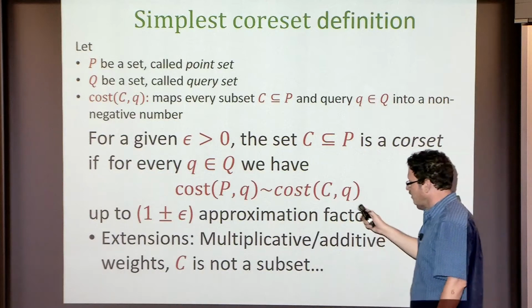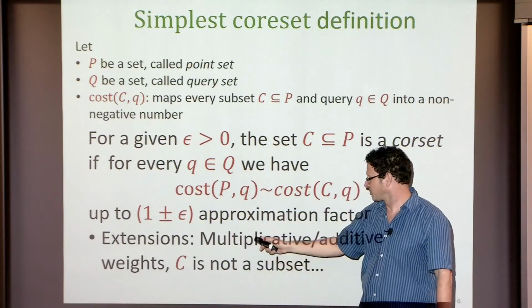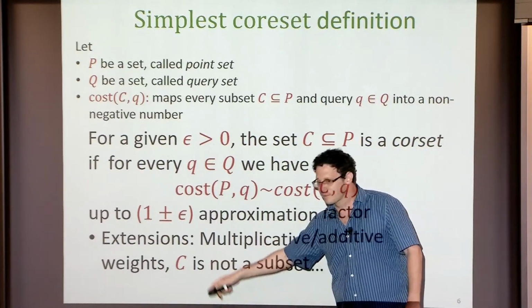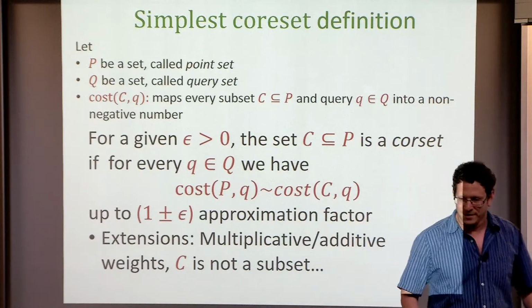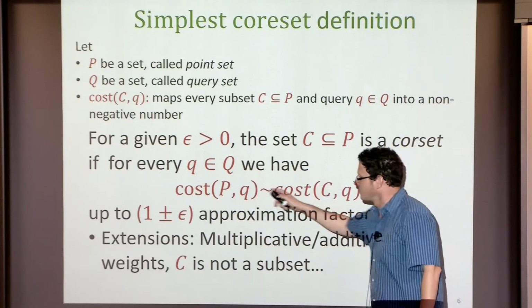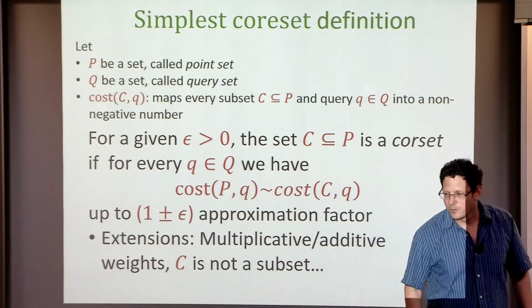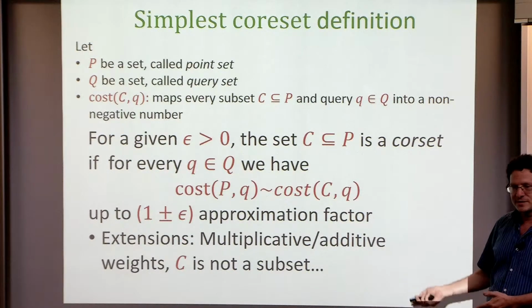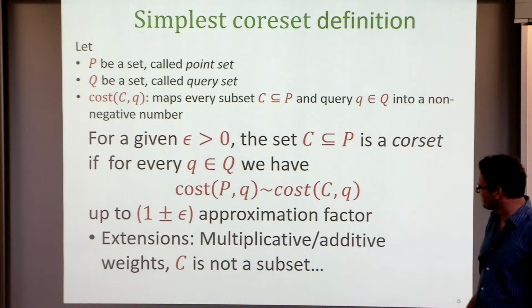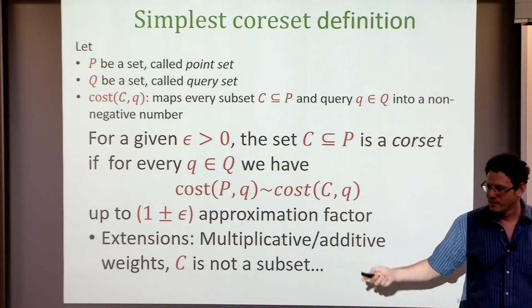In general, when you talk about sums, of course, we usually talk about multiplicative weights. Sometimes we need additive weights. Sometimes it's actually a totally different structure, some expander or some strange other data structure, but essentially we usually want this property. And when we can't find a coreset using the existing definition, we just invent another definition. The main idea is that this will be a small number of bits in memory in some sense.